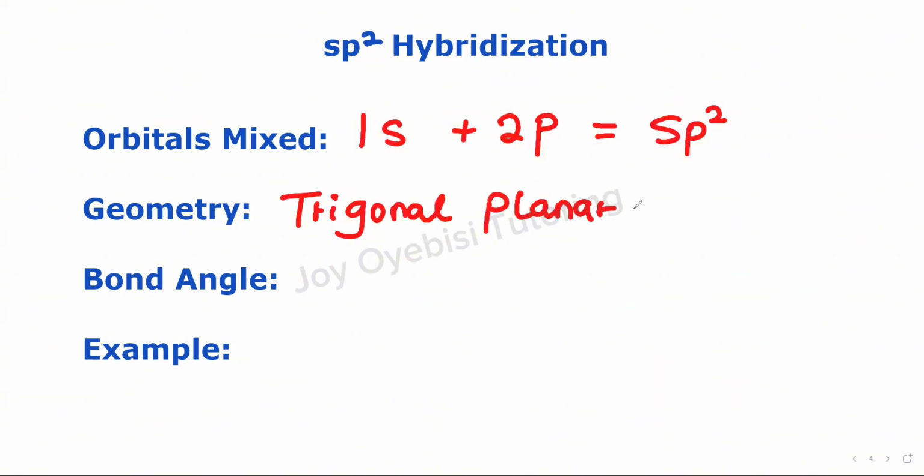The bond angle for trigonal planar is 120 degrees. A typical example of a trigonal planar molecule is BF3.